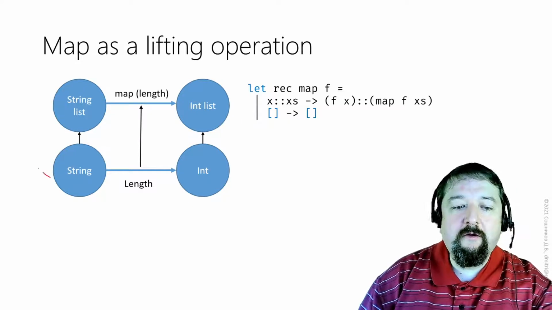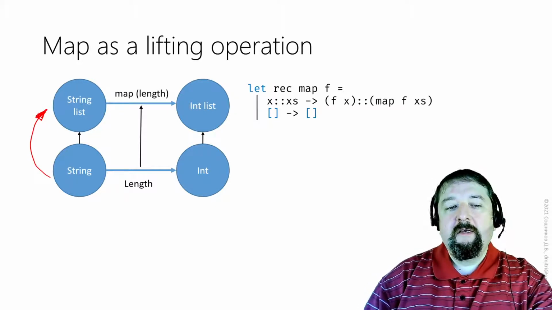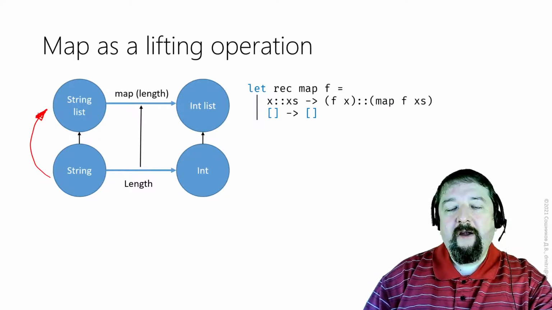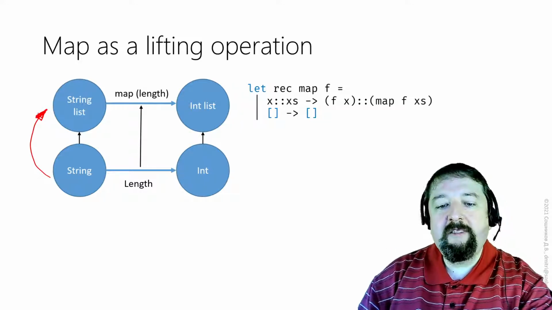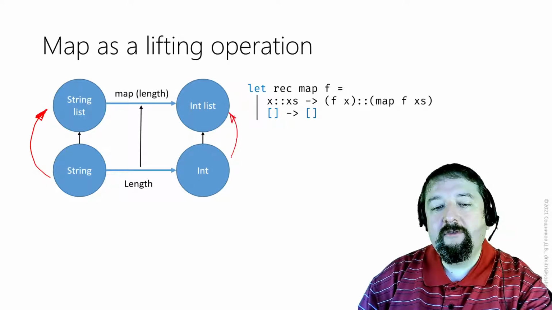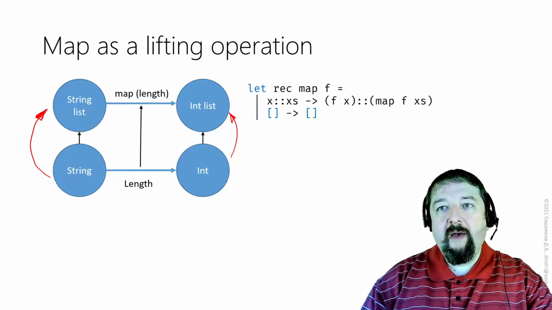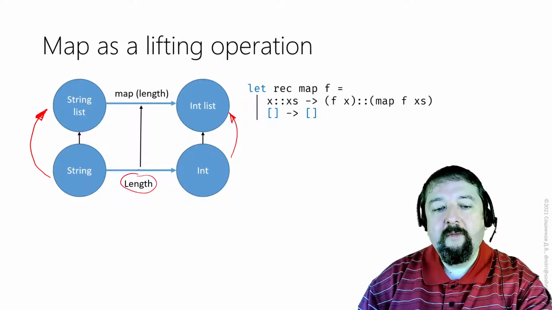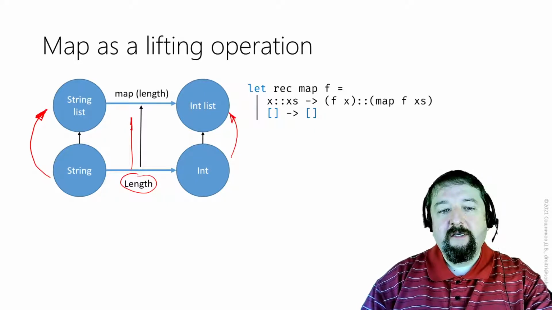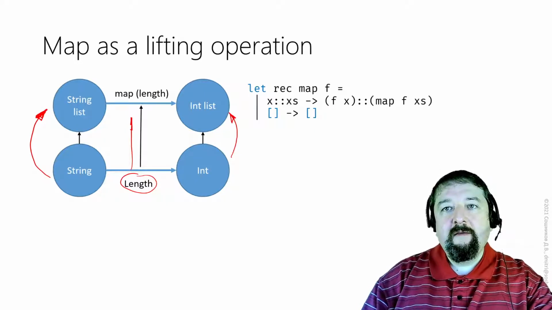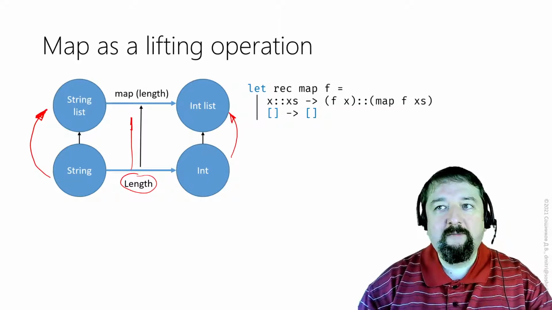And this is something called a functor, when we map types to other types. So we have the functor which lifts strings into lists of strings, and we have the same functor which lifts integers to lists of integers. And what map does is lift this length function to the domain of higher order abstractions. So the map of length is a function which maps from string lists to integer lists, right?